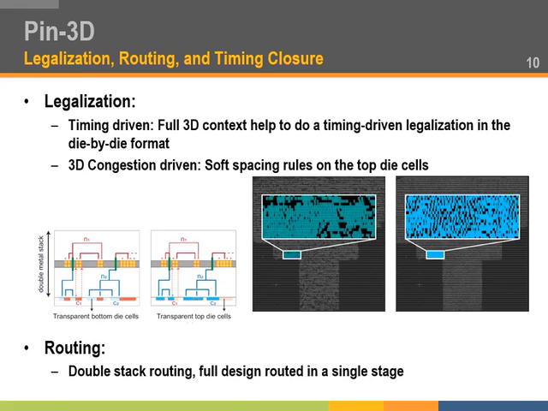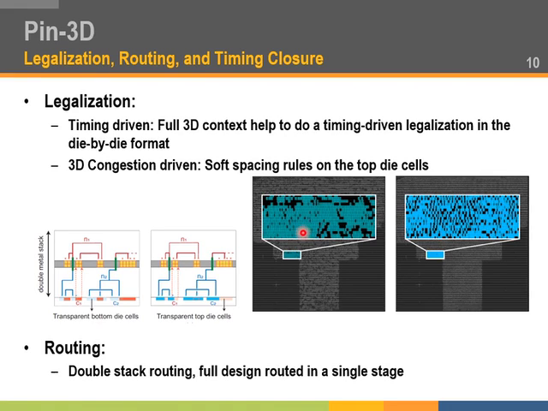Why is this useful? Because whenever an MIV is routed from a top die to a bottom die or bottom die to a top die, the MIV needs to pass through the white space where the top die cells are not present. So if the top die cells are crowded in a huge region, like in the normal non-congestion driven placement that is being shown here, the cells are placed very close to each other and MIVs cannot be placed in a large group of cells, in a large area.